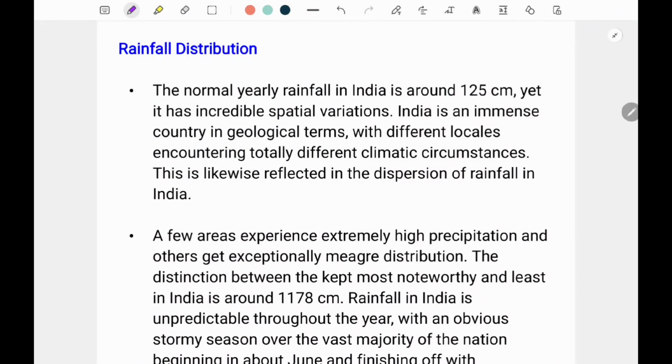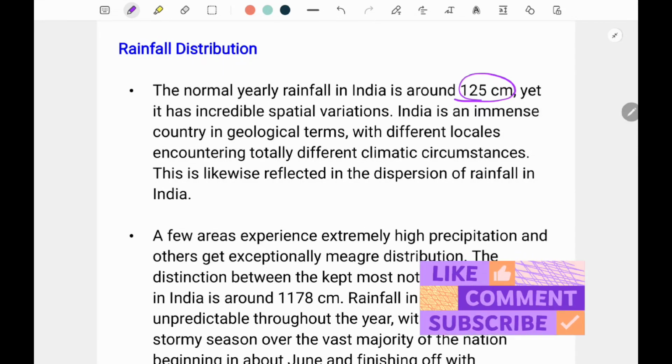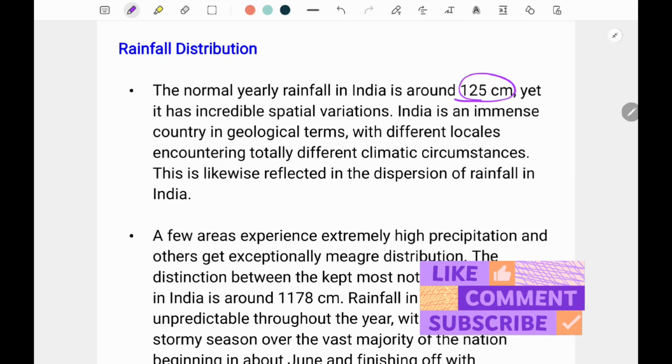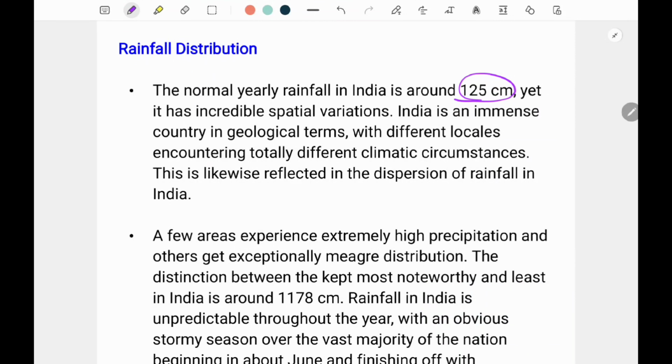So now we move forward. The normal year rainfall in India is around 125 centimeter, remember this. Yet it has incredible spatial variations, because as I told you, India consists of the Western Ghats, the Himalayan mountains, northeastern greenery, the Eastern Ghats, the northern plains, and the Aravallis.